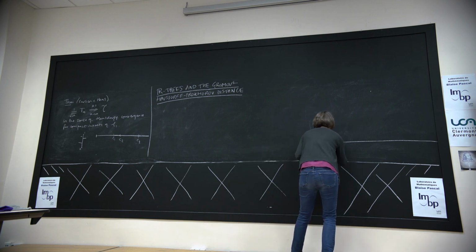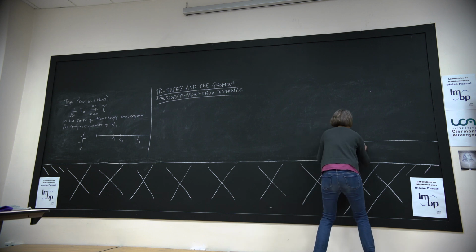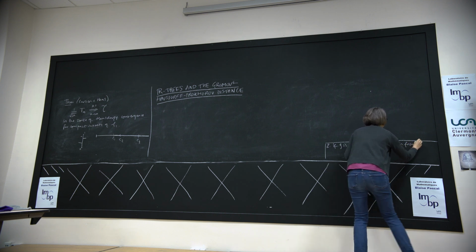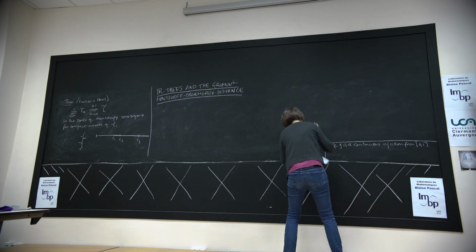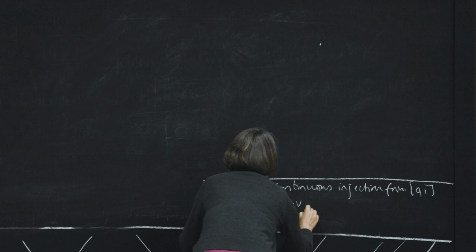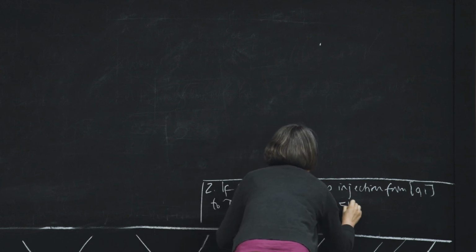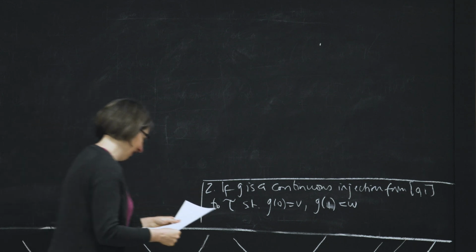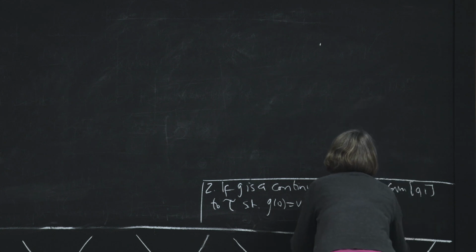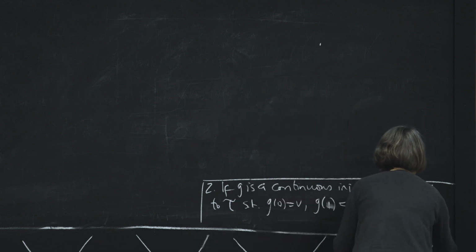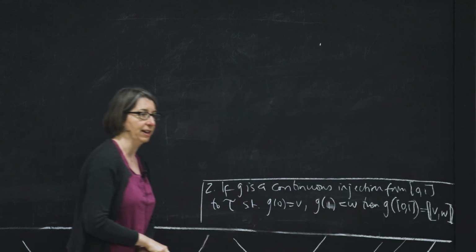So if G is a continuous injection from 0, 1 to T, such that G of 0 is equal to V and G of 1 is equal to W, so this is some other way of getting from V to W within my tree T, then the image under G of the interval 0, 1 is again this double bracket VW.